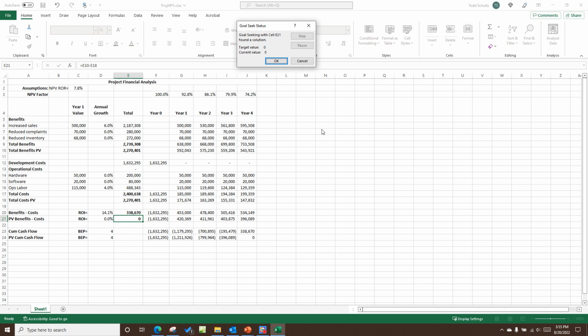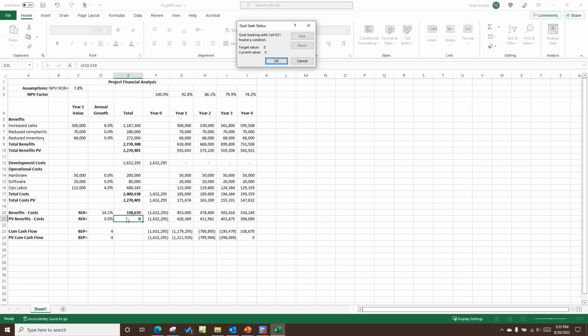It'll go through an analysis and do some searching for a minimum point, basically, or a 0 point, trying different values. And we can see that at 7.8%, this project is dead even. At a higher discount rate, we're going to lose money.